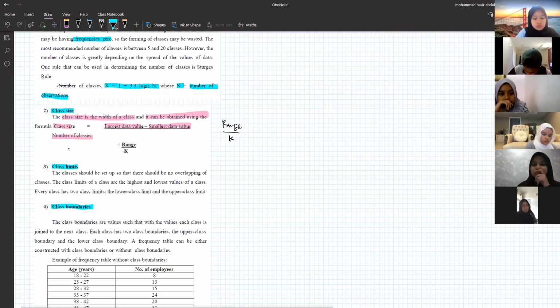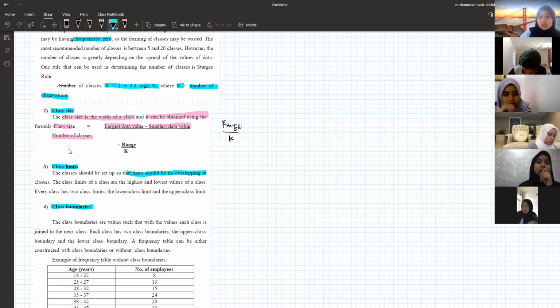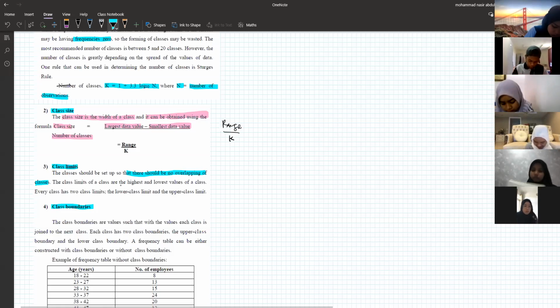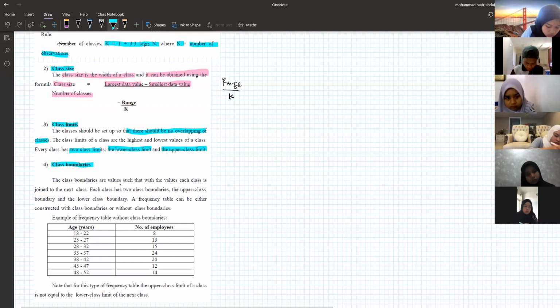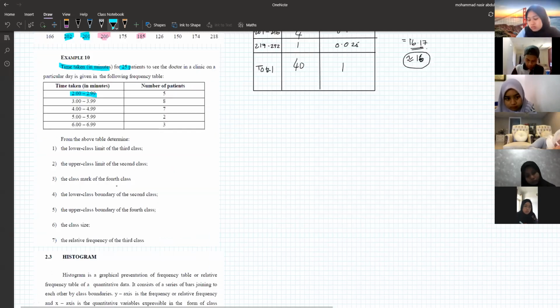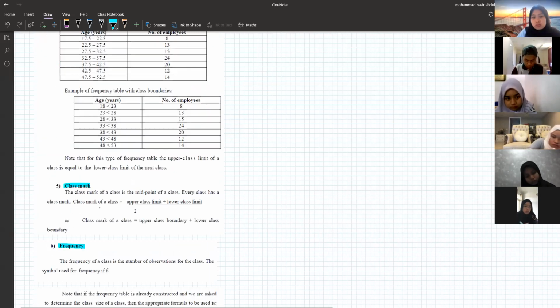Now, I'm going to explain what a class limit is. Class limits should be set up so that there is no overlapping of classes, right? The class limits of a class are the highest and lowest values of the class. So every class has two class limits, the lower class limit and the upper class limit. Now, in class limit, let's look at this value.